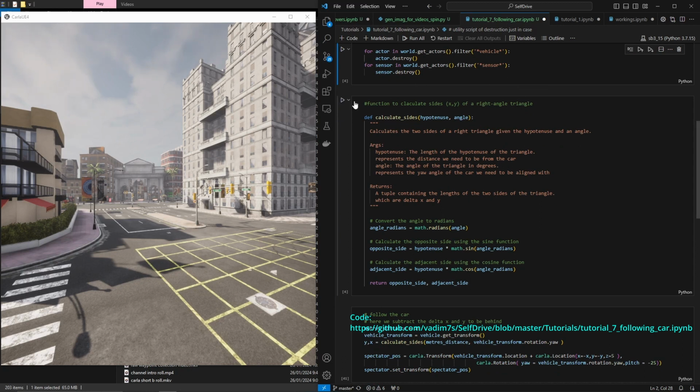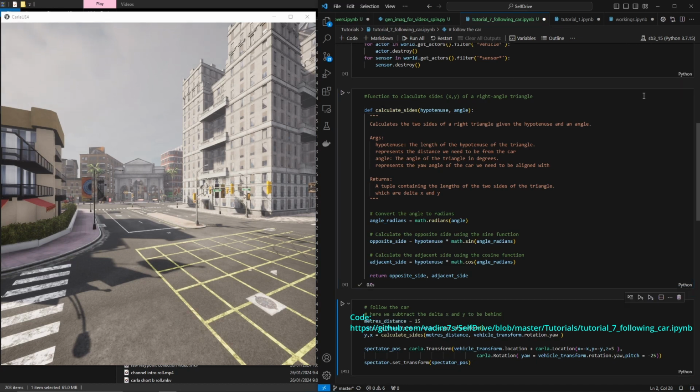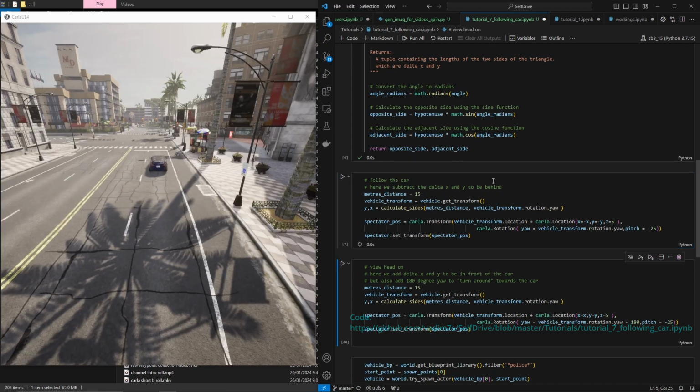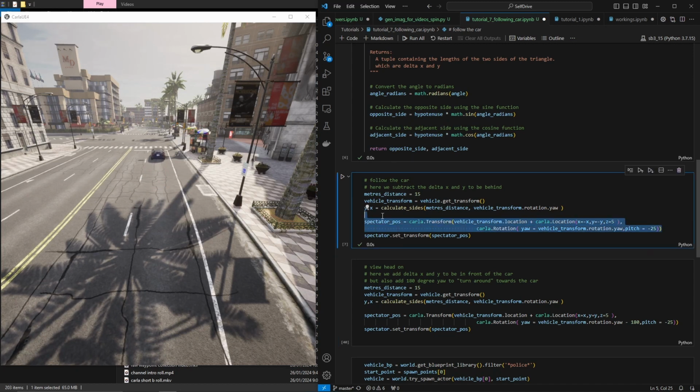So to test our function today, we spawn a car and send it in autopilot to drive around. And then every time we want to move the simulator window or the spectator towards the car, we use our function. So the way we use it, we get our car's transform values, we grab the yaw angle from those values, which is what we need to pass to our function. And then we pass the distance as well, but it's a constant, so you can choose 10 or 15 or something like that meters to be behind the car, whichever you prefer.